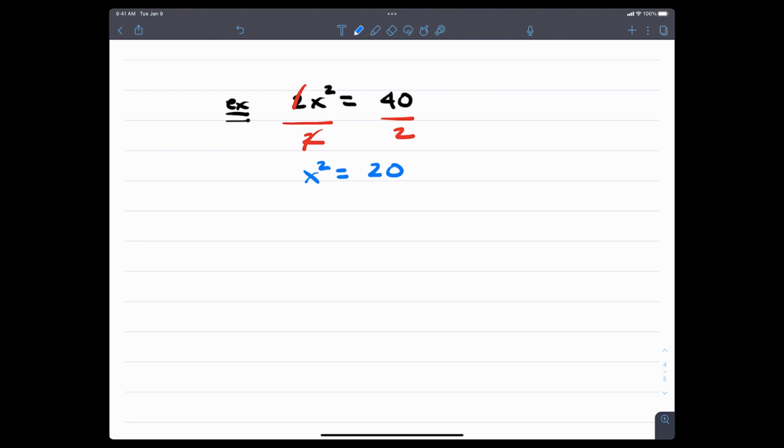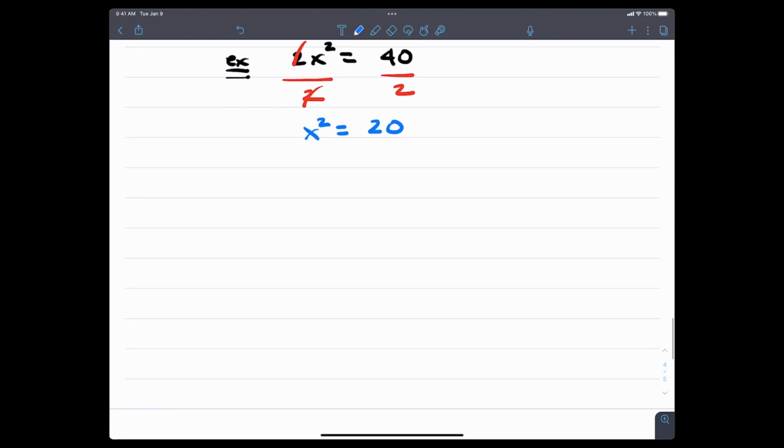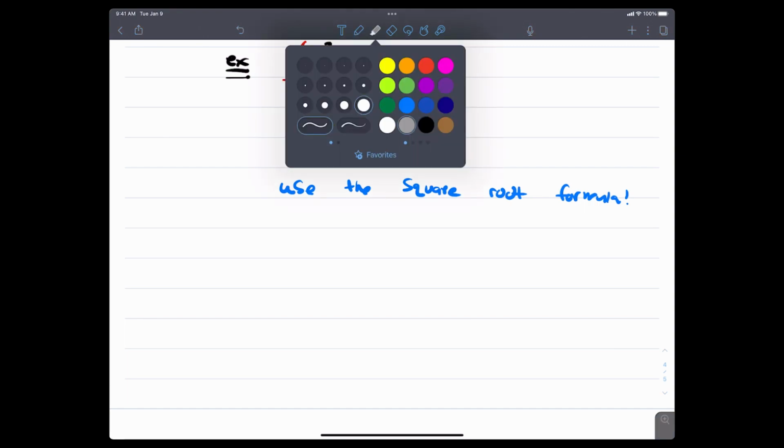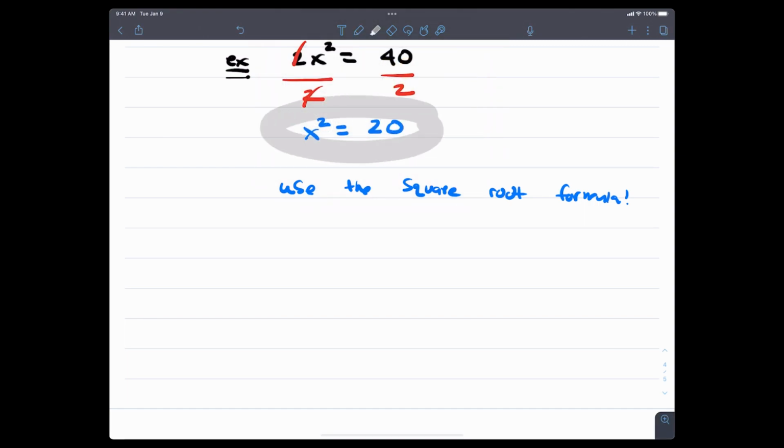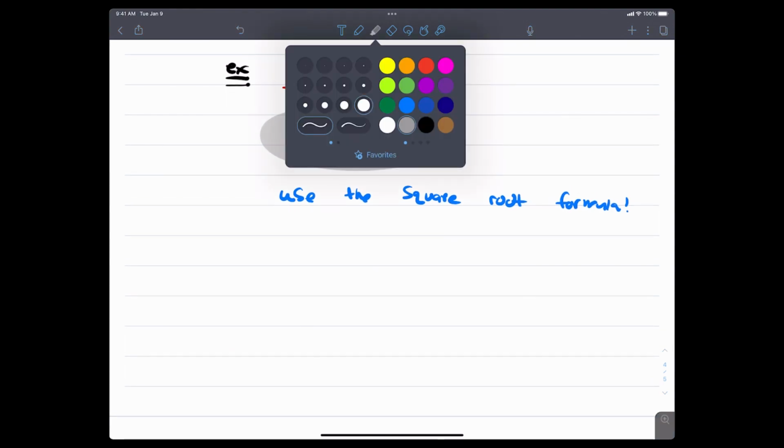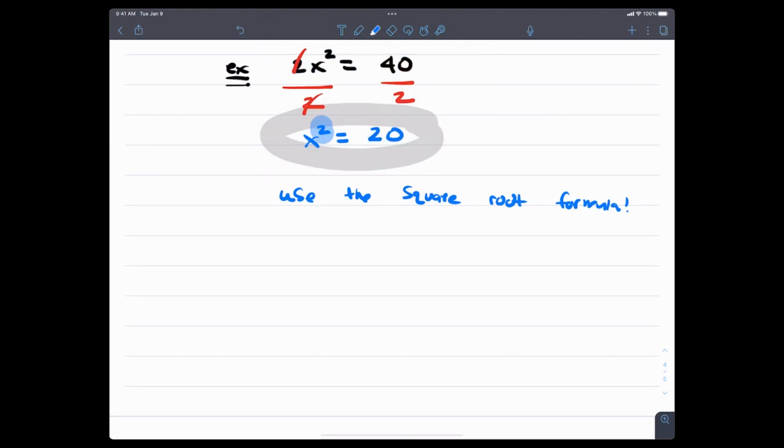All right. And then you might say, okay, what do we do now? Use the what? Square root what? Yep, because notice what you have. You have that x squared equals 20. That's what the square root formula is used for. So you have the power 2 here, and then you have the what? 20.